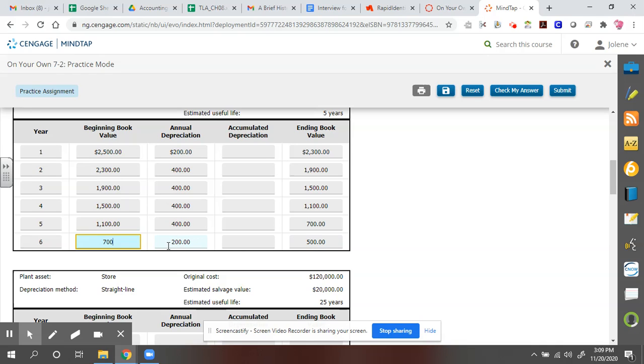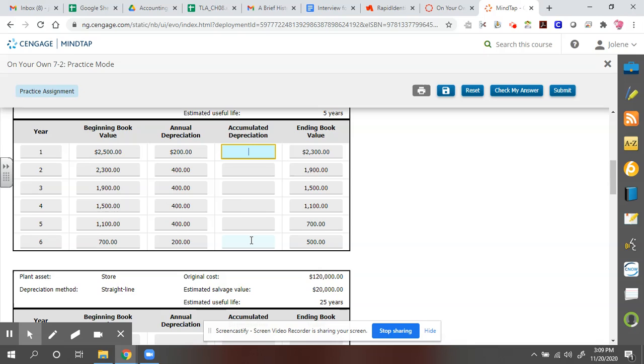Now, this is only $200 here because to finish out the full 5 years that they had, this is only January to June, 6 months. Accumulated depreciation, I'm just going to keep adding up how much we've depreciated off.